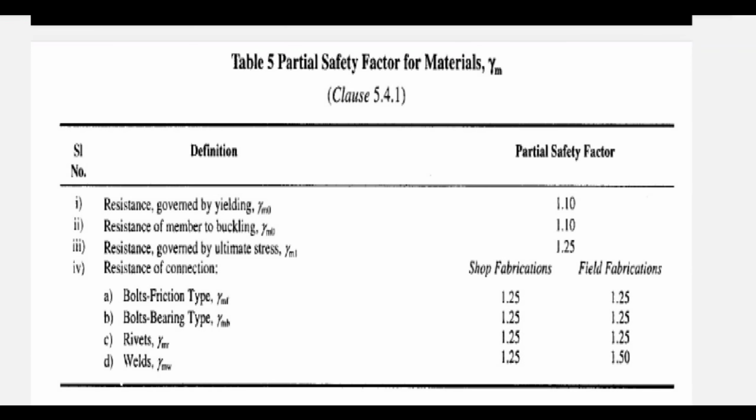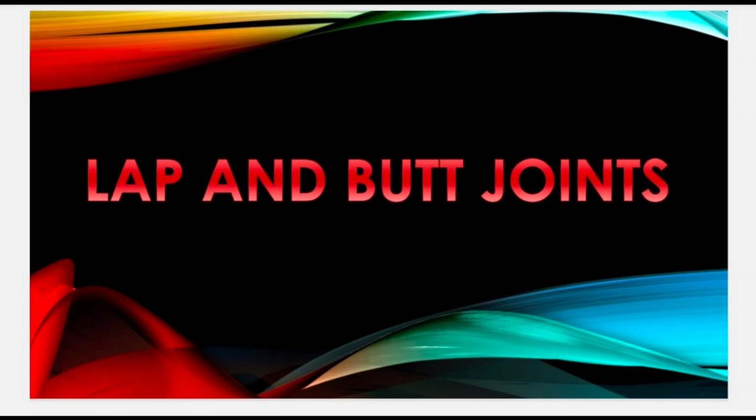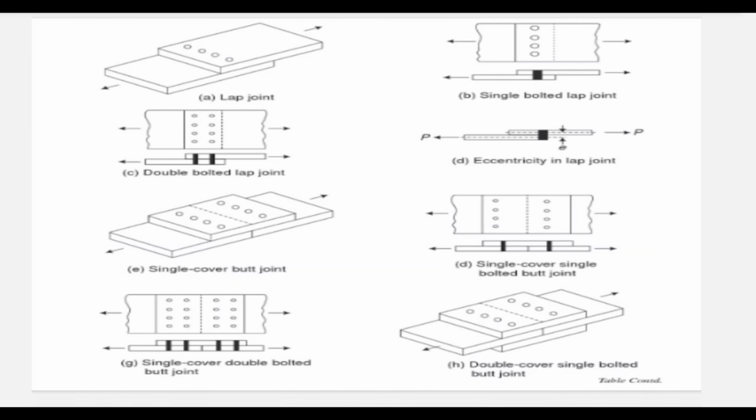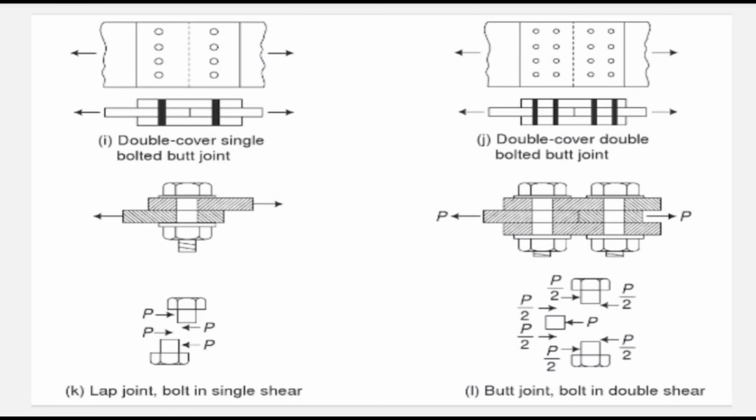I can share again lap and butt joints and the use of bolts. In some topics we see a single bolted lap joint, a double bolted lap joint, a single covered single bolted butt joint, an eccentric lap joint, a single covered double bolted butt joint, and a double covered single bolted butt joint.